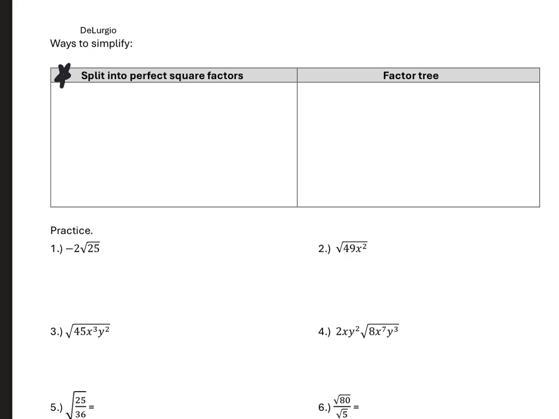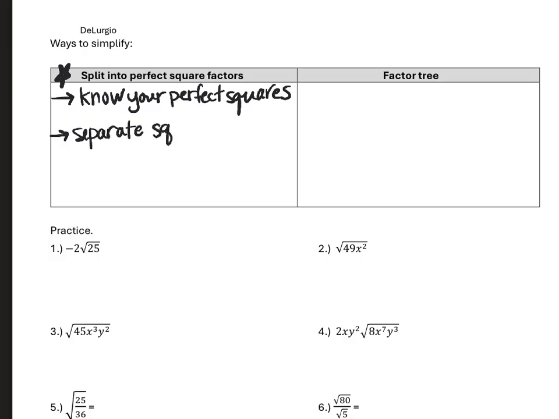So, first one, to split it into perfect square factors or perfect cubes or whatever, you need to know your perfect squares. So you have to be able to recognize those and see what goes into your radicand. Then you separate that square root, like we talked about on the first page, into factors. So if it's like the square root of 40, we could separate that into the square root of 4 times the square root of 10.